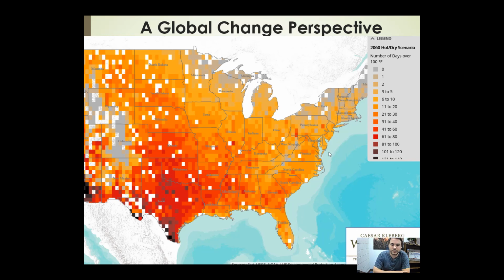This is some models showing predicted number of days over 100 degrees Fahrenheit up till the year 2060. And so we can see that in much of Texas, and especially in South Texas, we're predicted to get some really long hot periods.